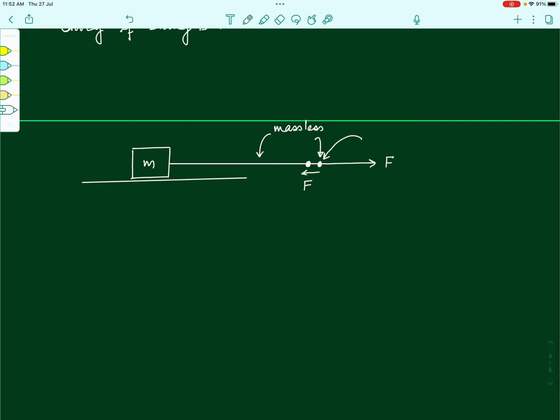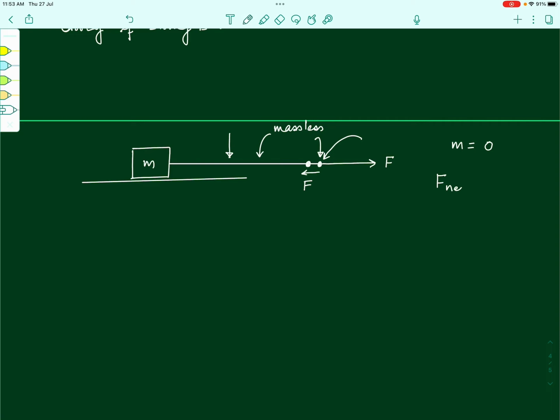Now this is one important aspect, let us discuss this as well. When we say that the string is massless, it has a mass which is 0. What is special about zero mass systems is that zero mass systems can never have a net force acting on them. Why so?